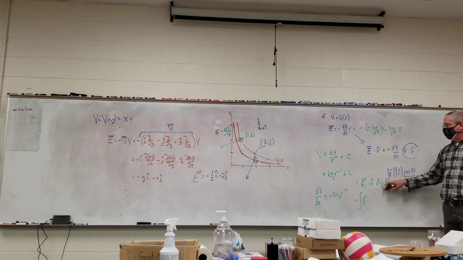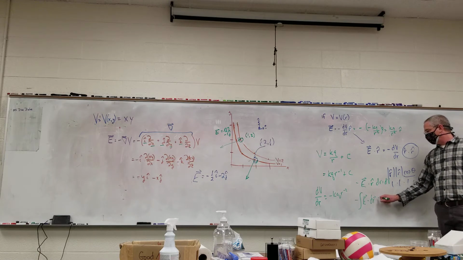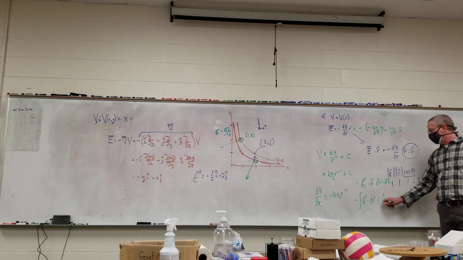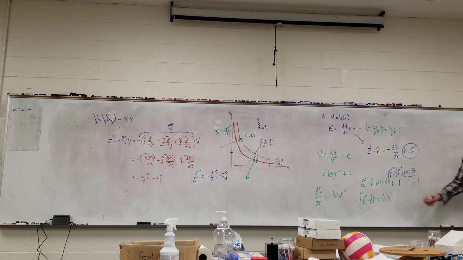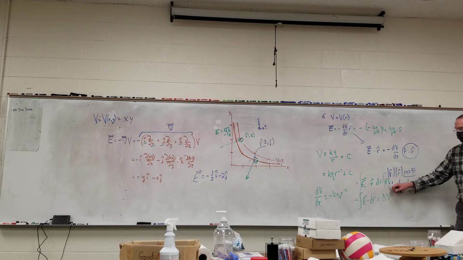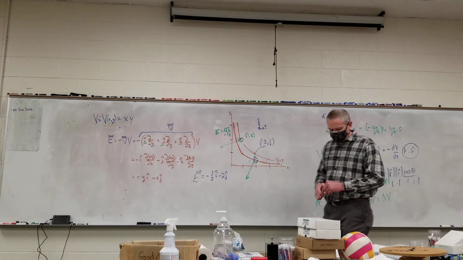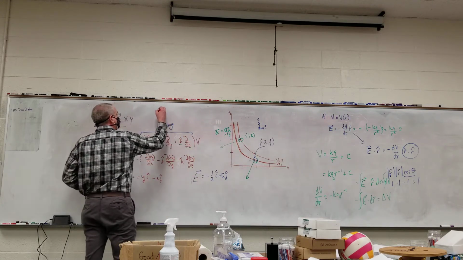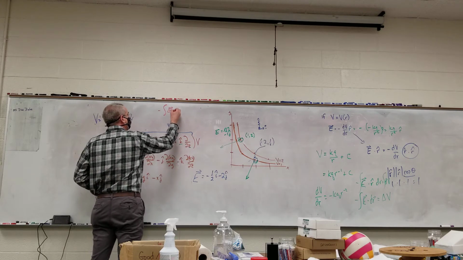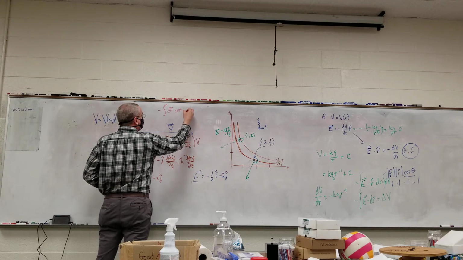Since we're only dealing with a single variable here, E dot dr is equal to delta V. When you integrate both sides over here, we're integrating with just the differential, so it's just the change. So we have the other relationship going the other direction.